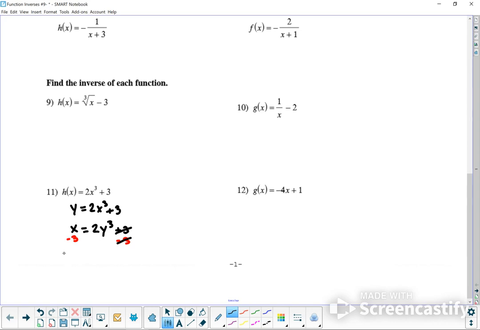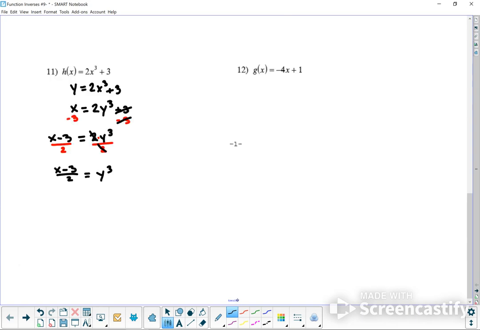On the left hand side, you get x minus 3, and on the right hand side, you get 2y to the third. Instead of multiplication by 2, you have to divide by 2, and these 2's will cancel, reduce to a 1. You'll be left with x minus 3 over 2, and that's equal to y to the third.